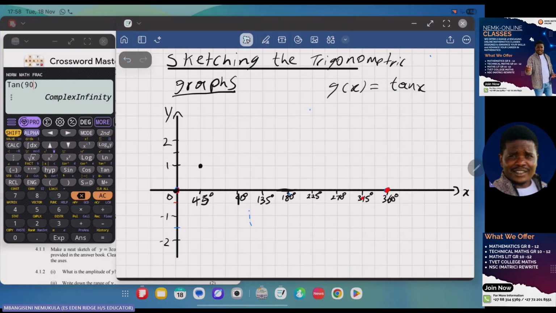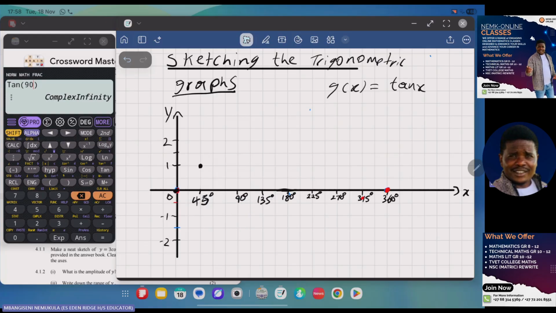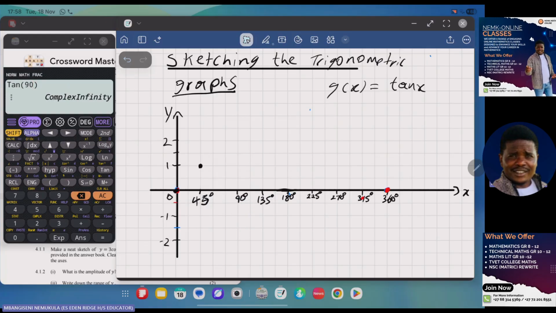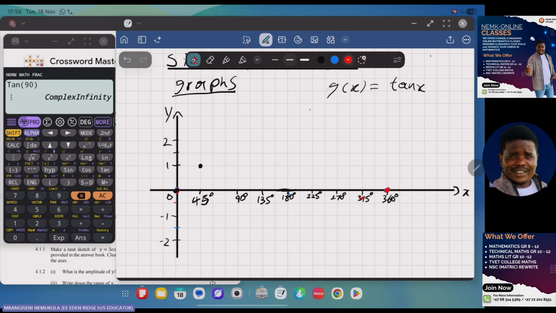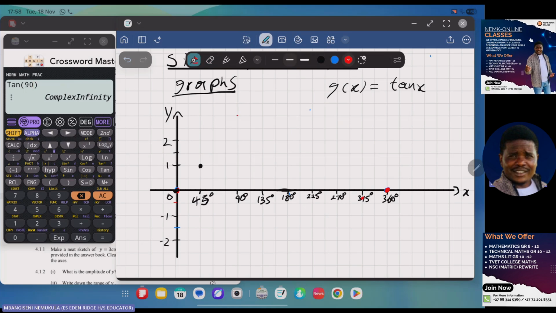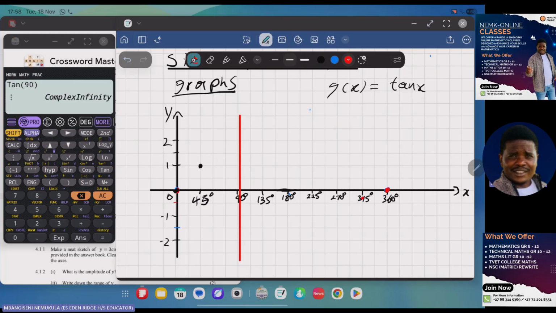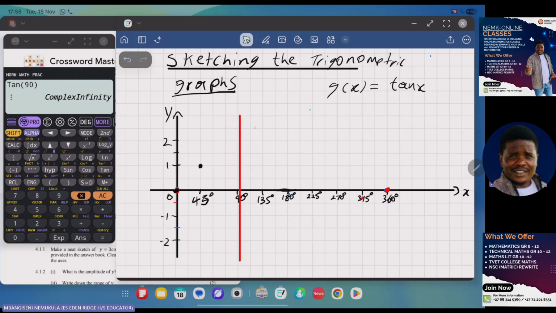Let's use a different color to show this error here. Let me use a red line. So this red line must be a dotted line.